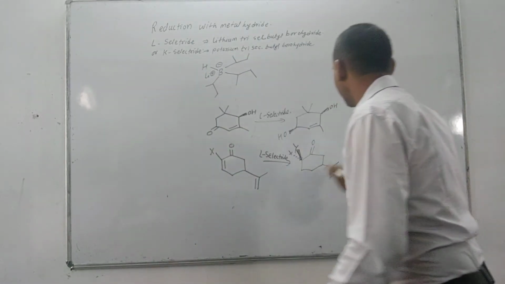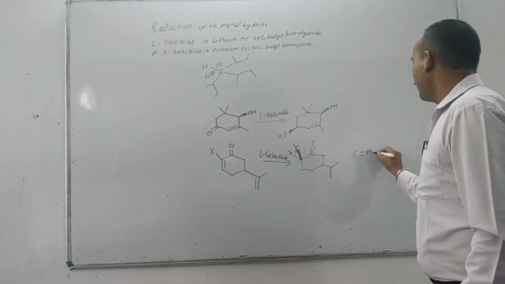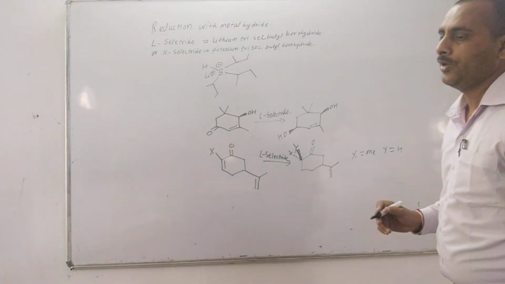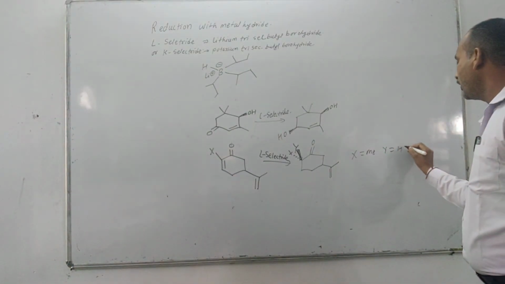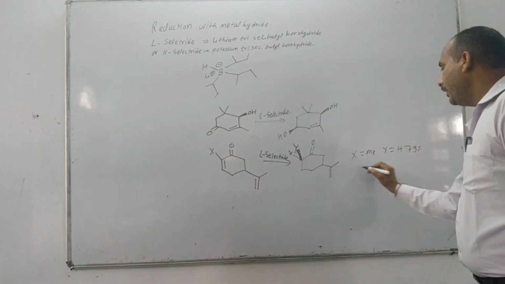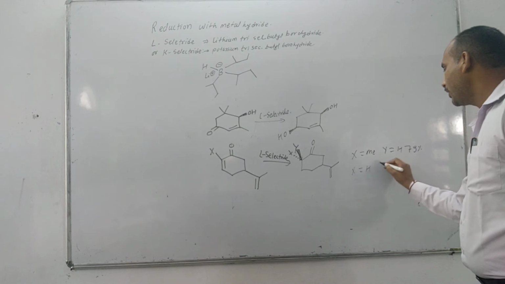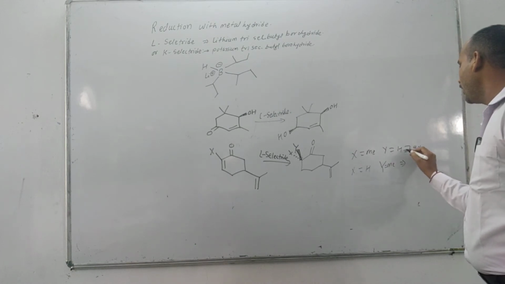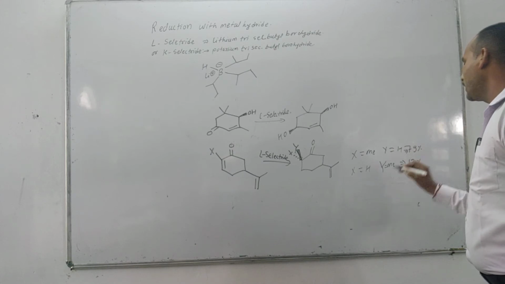Now if X is equal to Me and Y is equal to H, then the 79% product is obtained, this.